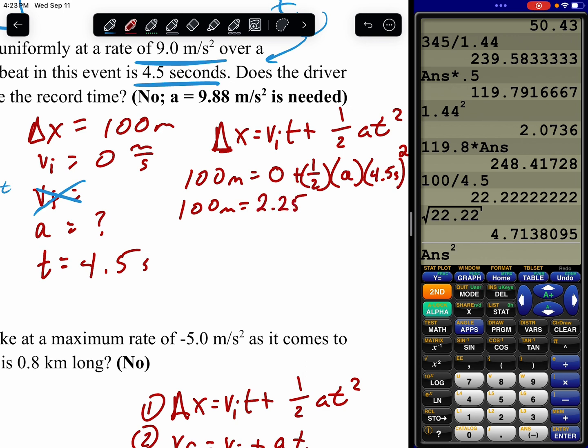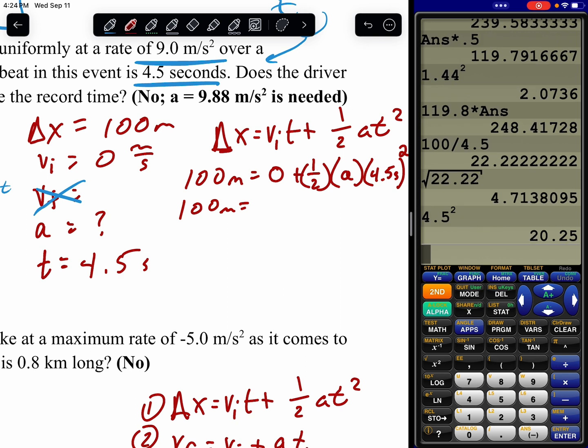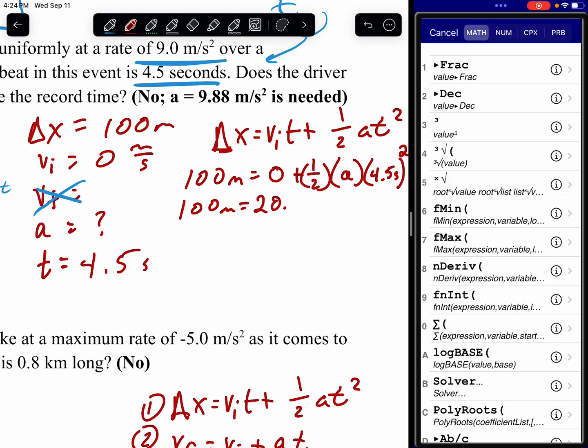Oh, I'm sorry, I almost made a mistake. I need to make sure I square that. So I'm going to take 4.5 and square it. I get 20.25 seconds squared. Multiply that by acceleration. That's our variable. And we're going to divide both sides by 20.25 seconds squared.